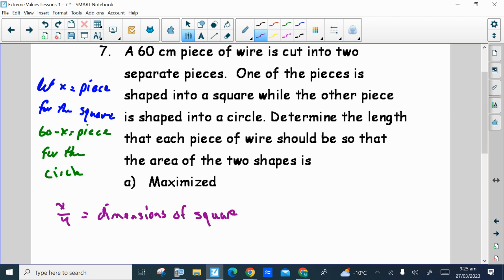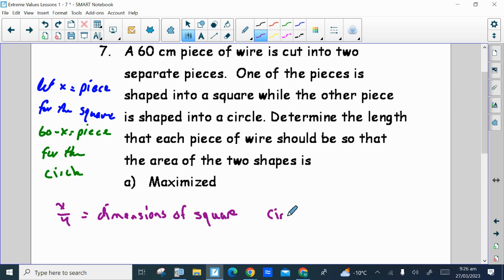Now, if we're talking about a circle, we've got 60 minus x as an expression for the piece that's shaped into the circle. That means that is the circumference of the circle, right? The distance around the circle is the circumference.